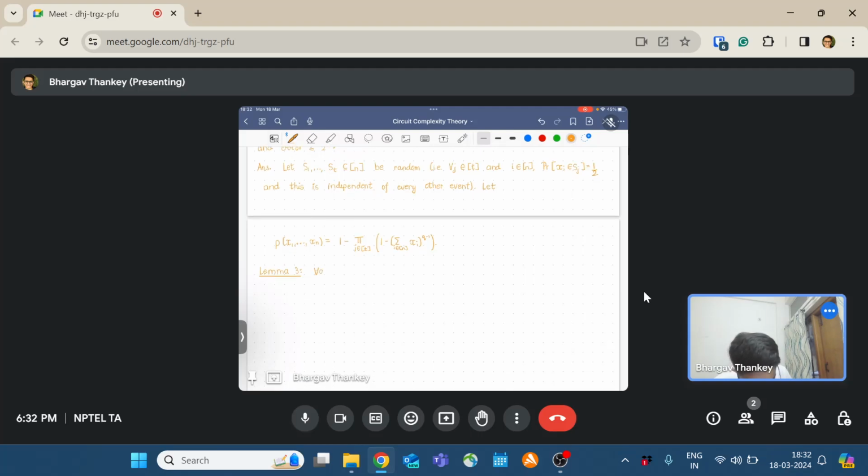For all, we'll prove that this is true with error at most 1/Q to the minus t.